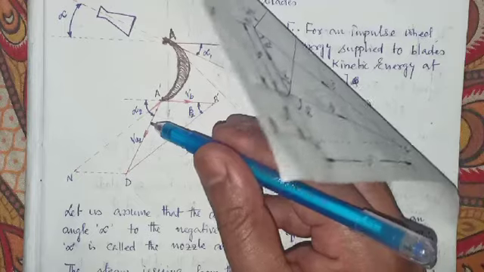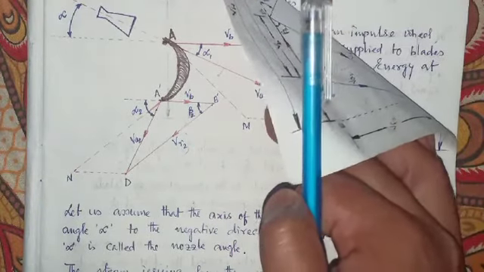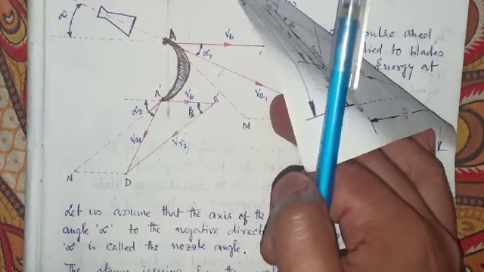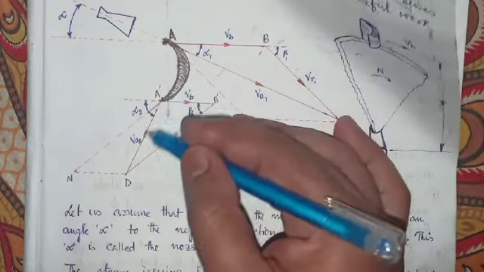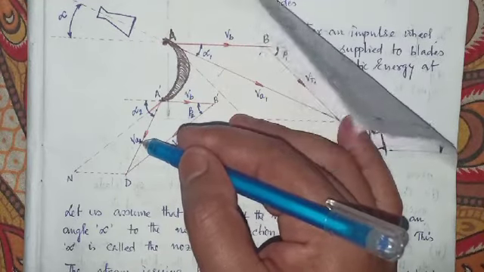Thus, in this figure the diagonal A dash D represents the absolute velocity.